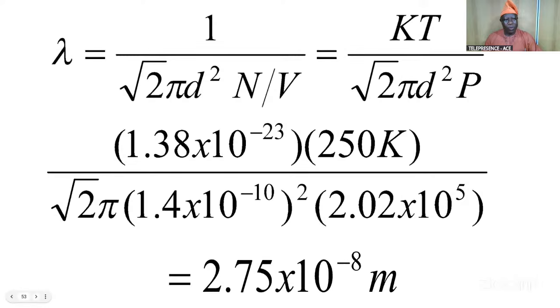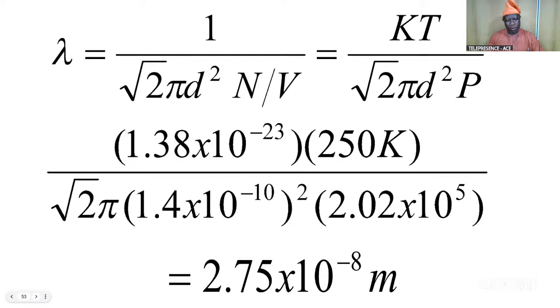I'll now come back to the mean free path formula, 1 over root 2 pi d square n over v, which is equivalent to kT over root 2 pi d square p, where k is your Boltzmann constant. Make your correct substitution in order. You can see the value you are going to get.